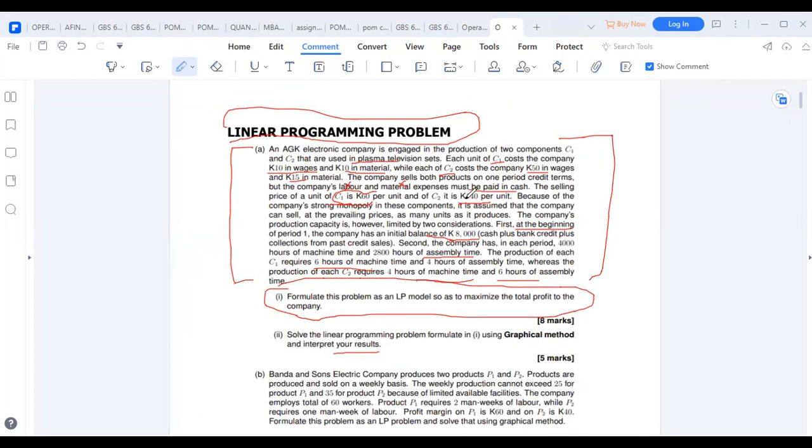So this is the budget allocation of 8,000 to pay for the labor and the material.